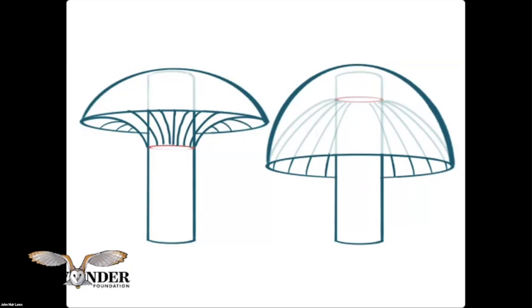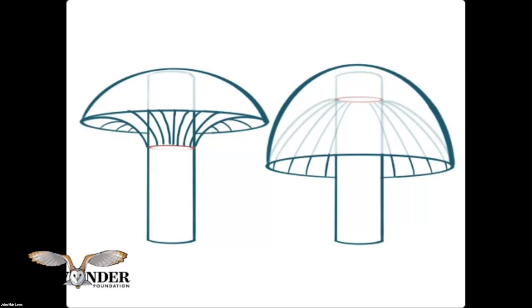On the one on the left, we see mostly the close side. On the one on the right, we see mostly or only the far side of the mushroom, because the gills that are on the surface pointing down towards us, we don't see.